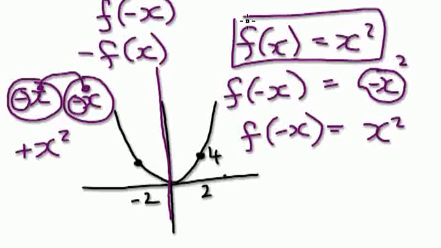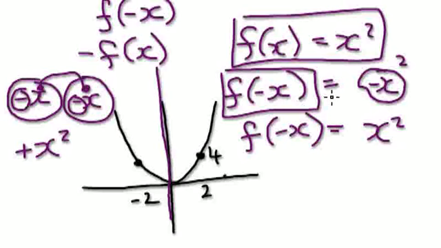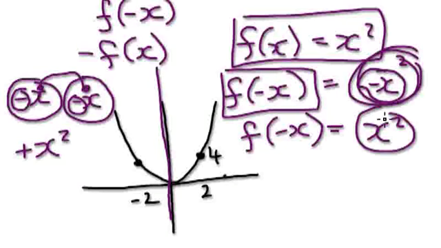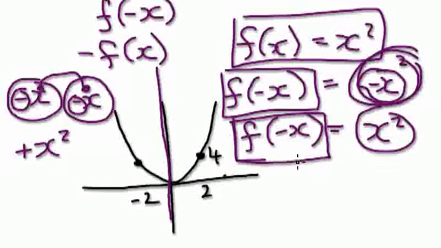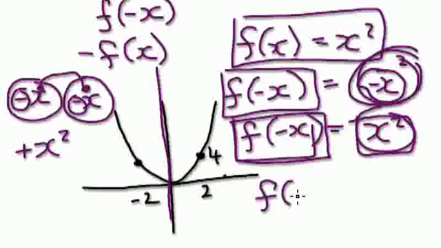This was our original function here. This is us applying the reflection here. So that equals this. But this turns out to be this. And look at this. After applying the reflection here, our new equation is also this. So originally we started with f of x equals x squared.